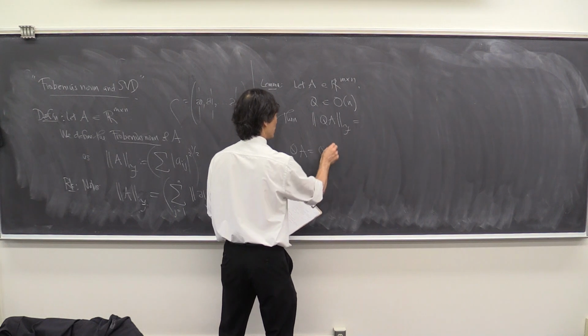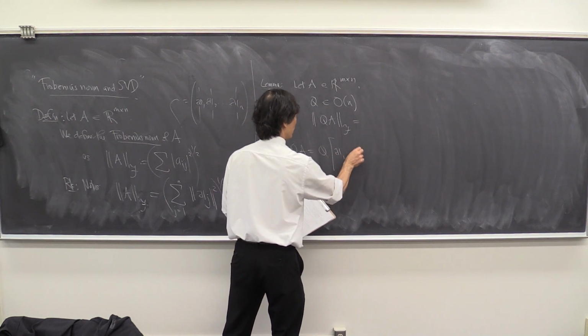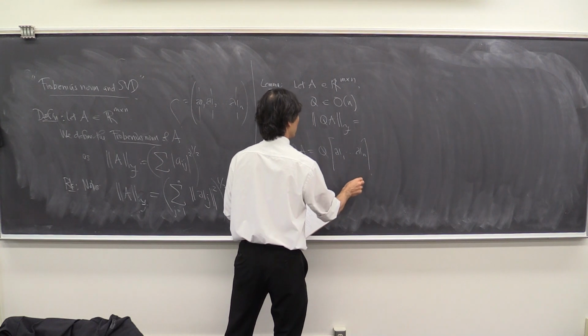Just think. QA is Q times the matrix of columns A1 through AN.